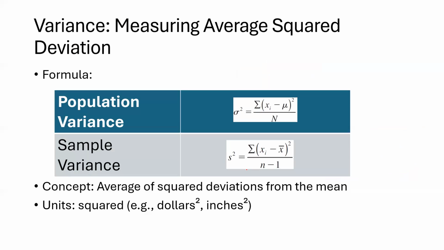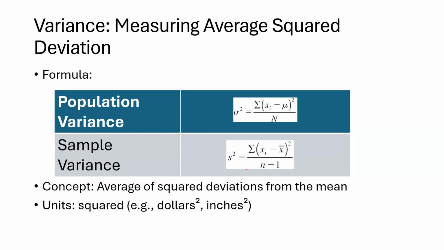To get a more reliable measure of variability, we use variance. Variance tells us on average how far each data point is from the mean, but it does so by squaring each deviation. This keeps all distances positive and gives us greater weight to larger differences.